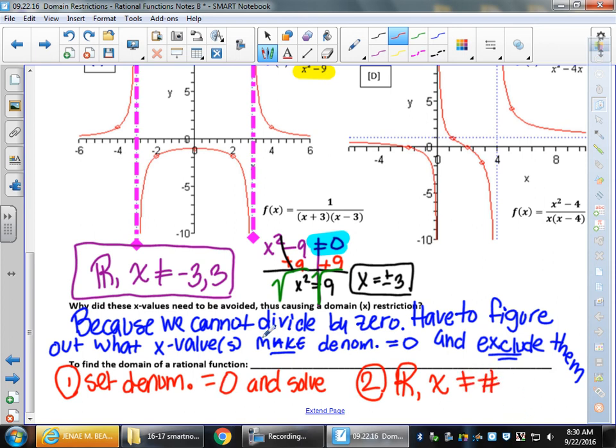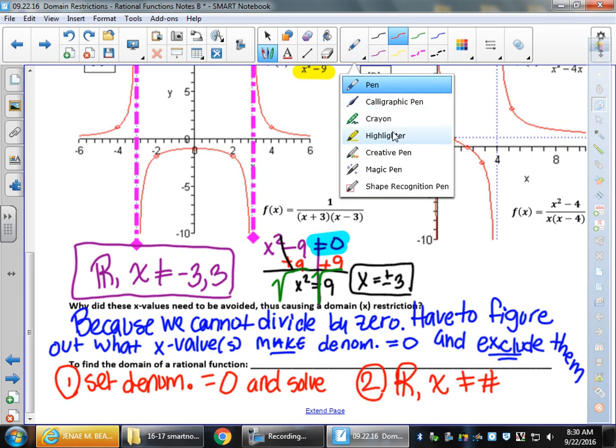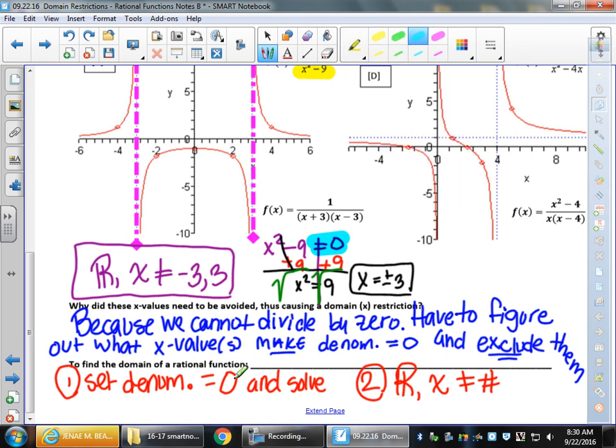Because you're making a choice. You're saying, I'm going to find out what values make it 0. That's what has to be excluded. So we'll say you can choose anything you want, any x value, just not whatever you got over here.